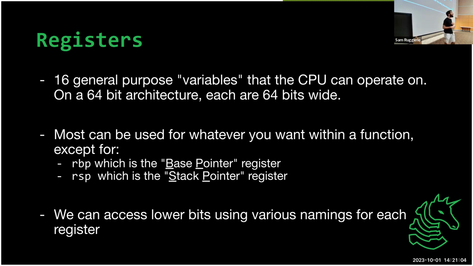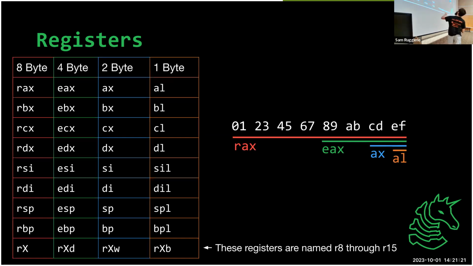Two that you really don't want to muck around with too much are the stack pointer and the base pointer registers, which are RSP and RBP. And when writing assembly, there are lower addressing names. So if you only want to address the lower 32 bits of the register, you can use this table to know which addressing scheme to use.